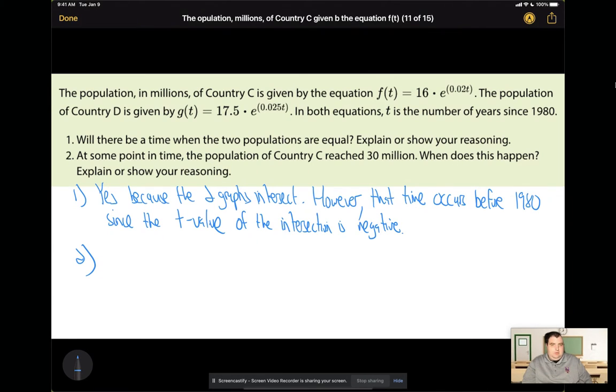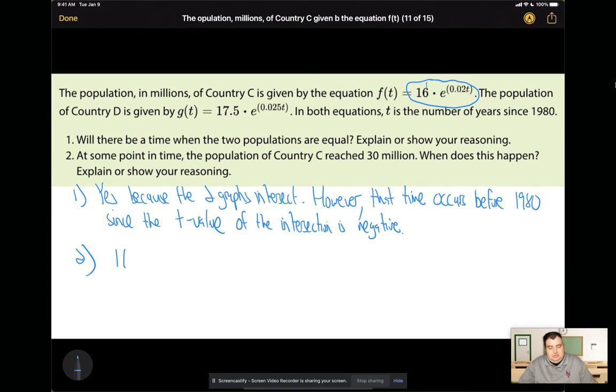Number 2, at some point in time, the population of country C reached 30 million. Okay. When does this happen? Explain or show your reasoning. So country C was this function right here, and we want to know how long it takes to reach 30 million.